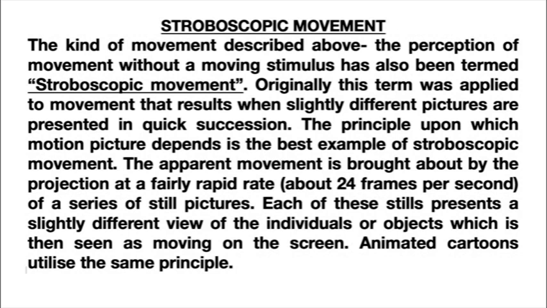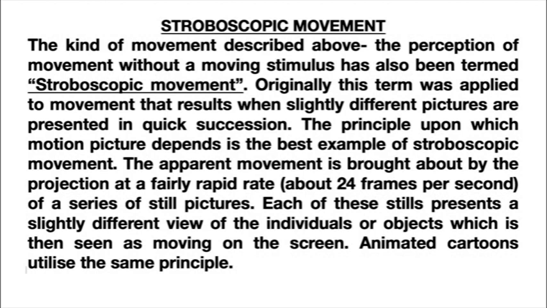Originally, this term was applied to movement that results when slightly different pictures are presented in quick succession, like your movie, your television. So, the movement which you are perceiving in the cinema hall is stroboscopic movement.